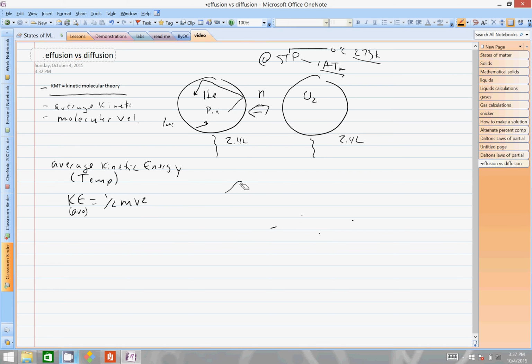Okay, pen is back. Alright, so we have in this case 1/2 mass velocity squared for each, and because they have the same kinetic energy, a faster moving particle must have a smaller mass. So smaller mass, higher velocity. This one has the higher mass, so it has a slower velocity.